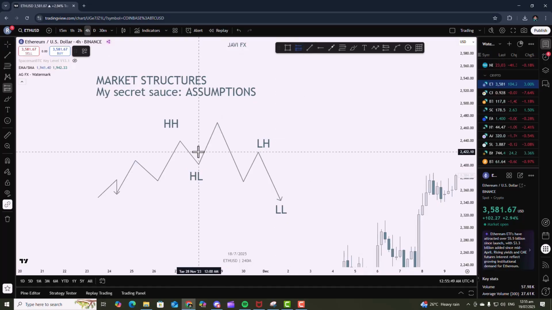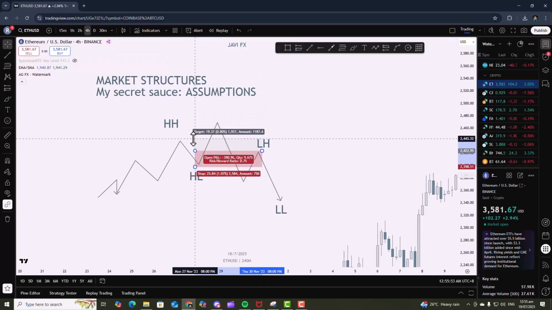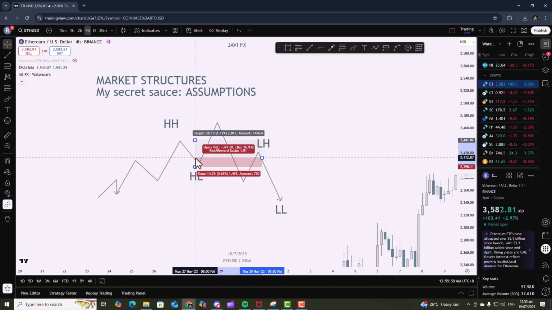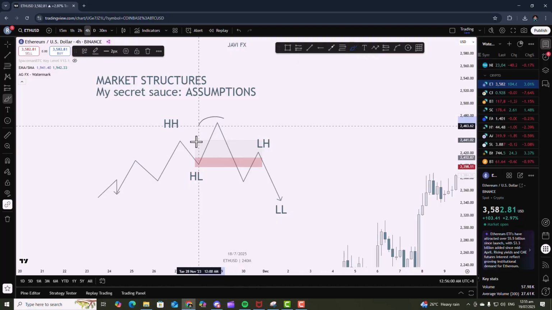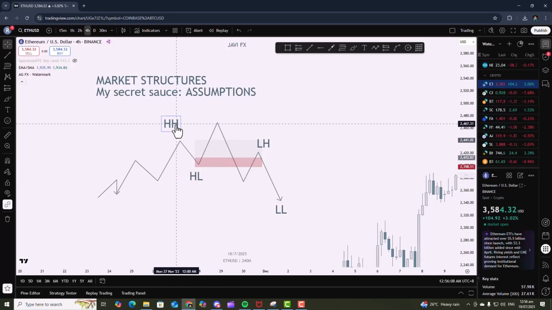So let's say you have a trade here. Let's just say this price action is not known yet. So you have a long here at the higher low. Then the assumption after a higher low is a higher high.